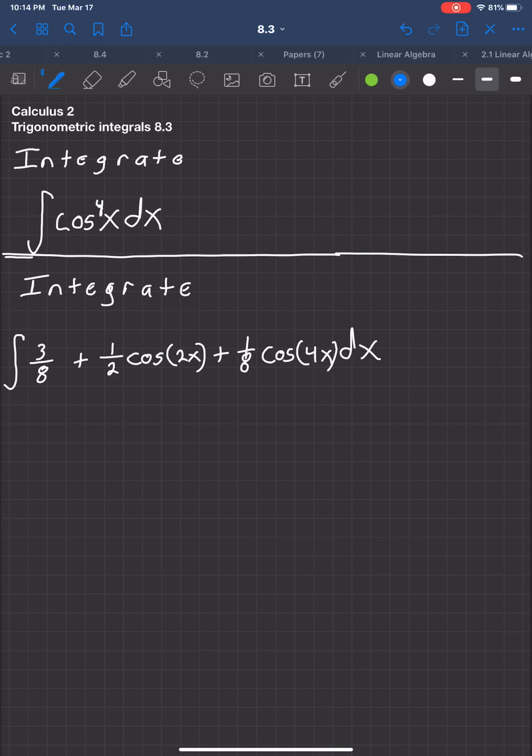So where are we? Well, we're in Chapter 8, the third section of Chapter 8, which is what we call trigonometric integrals. And we are going to play a game, okay? Just like any game, you could always look up tips and tricks on how to get better at the game to make life easier.